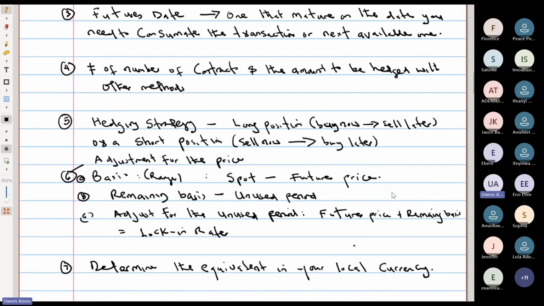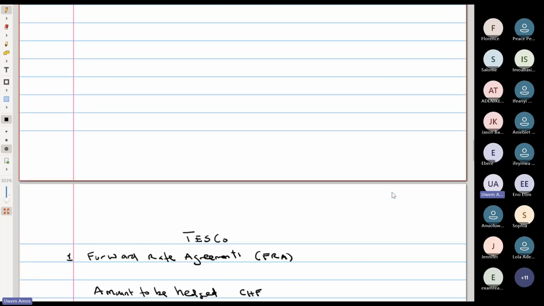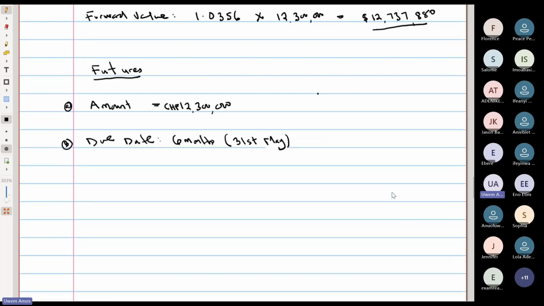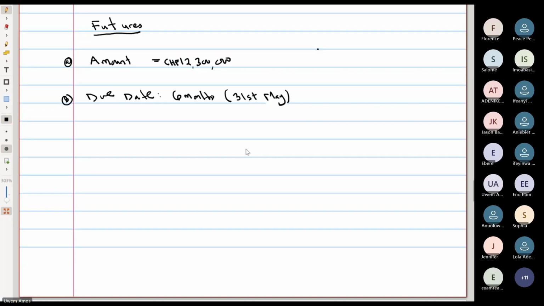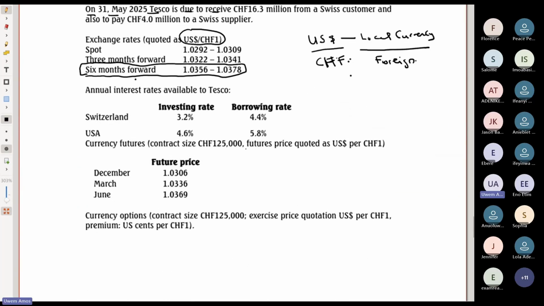So let's begin with, when do we need to do our transaction? In 6 months' time, which is 31st May. So let's go and see if we have any futures that's maturing on 31st May. If we don't have, then we'll buy the next available one. So let's go to our question. We're going to the futures market. So these are the futures market. Do we have anyone that's maturing on 31st May?